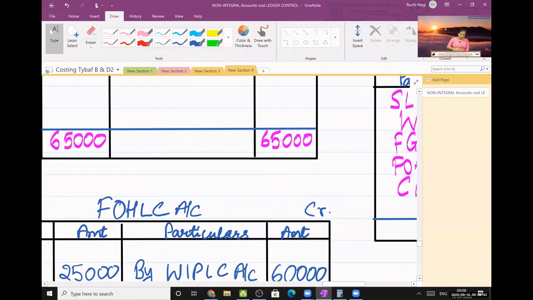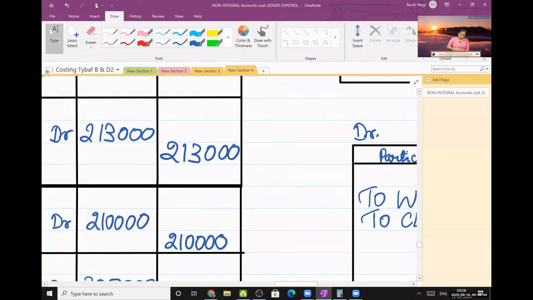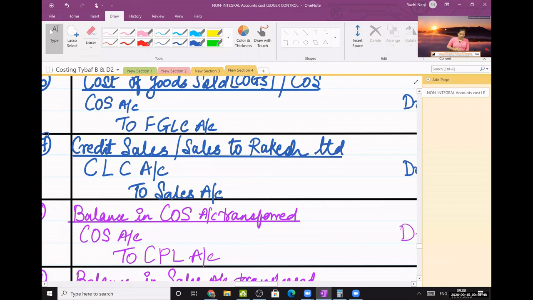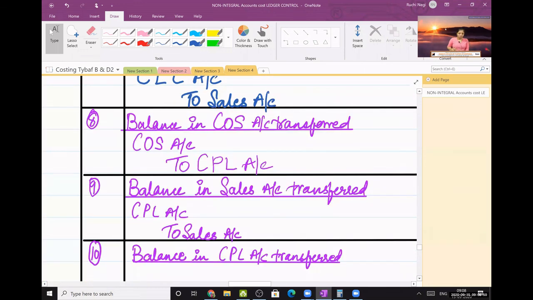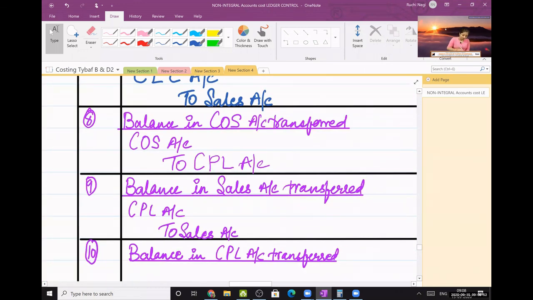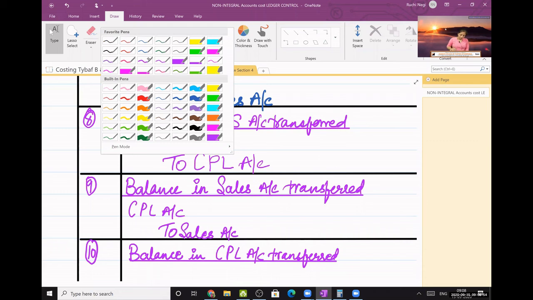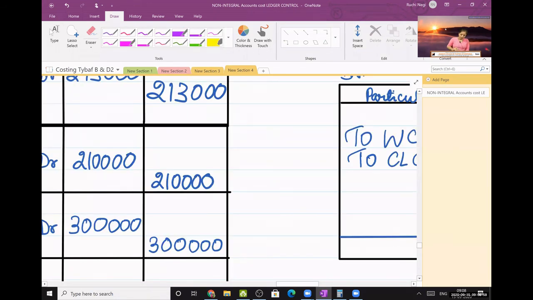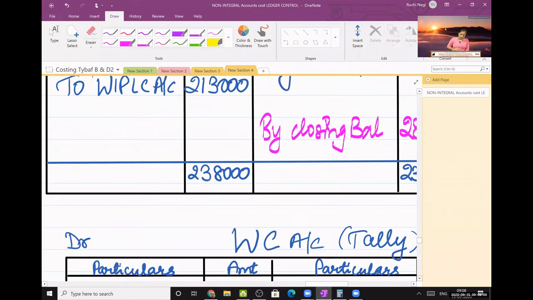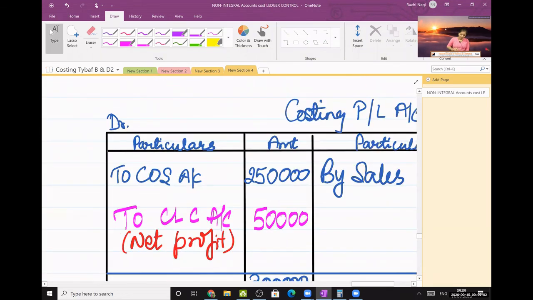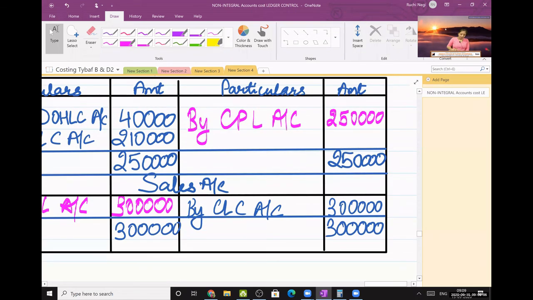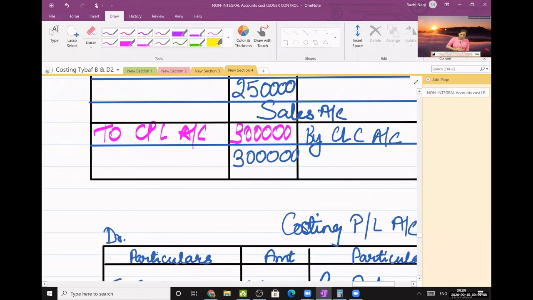Then go back to your journal entries. We have already passed the journal entries. We have to write the amounts now. So COS to CPL. What is the amount? Let me check. 2,50,000, and CPL was 3 lakh for sales, or here 50.